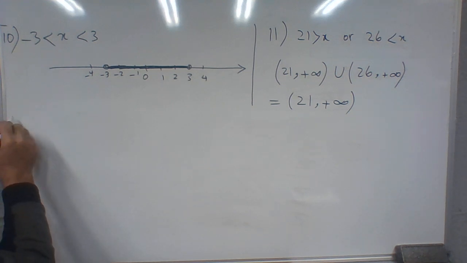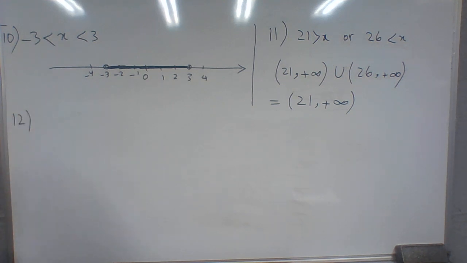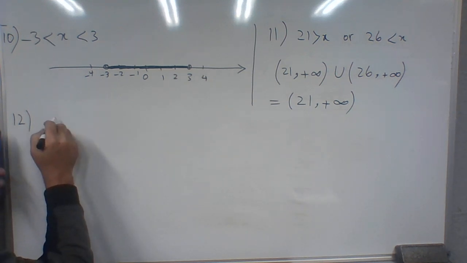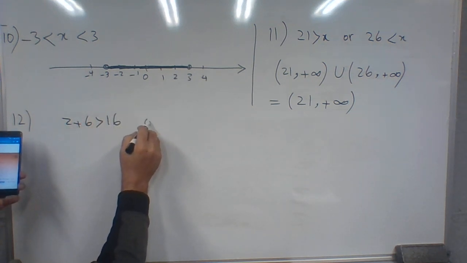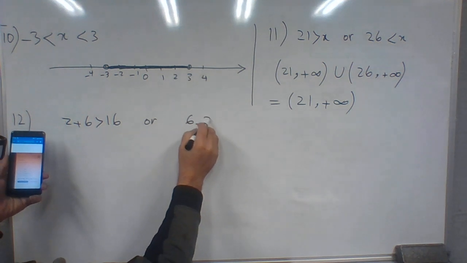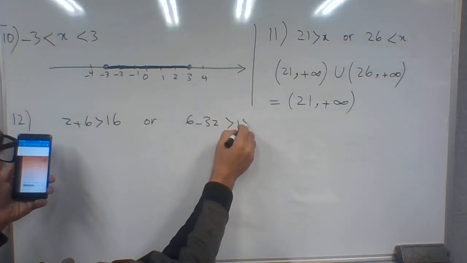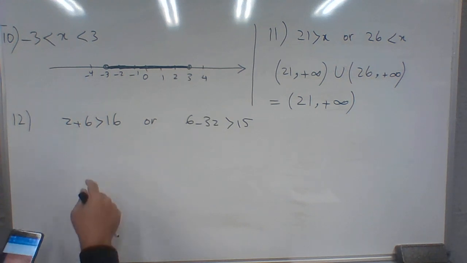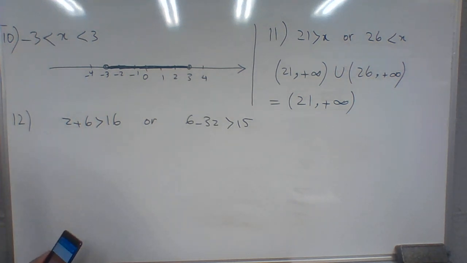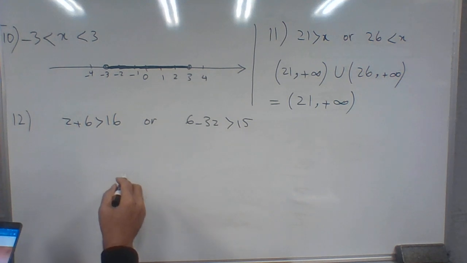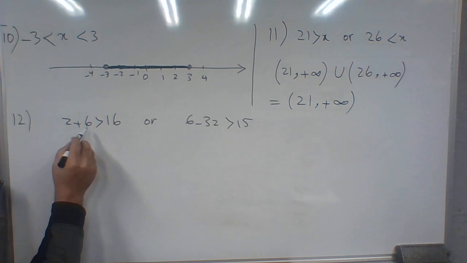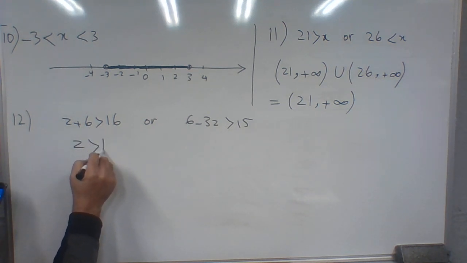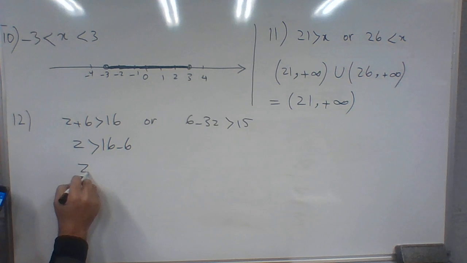Okay, problem number 12. Solve for z. Z plus 6 greater than 16, or 6 minus 3z greater than 15. So we need to solve each one of these inequalities one by one, and then find the union. Or means union. So subtract 6, so z greater than 16 minus 6, so z greater than 10.